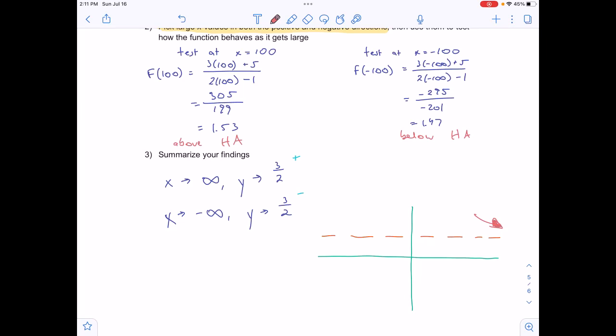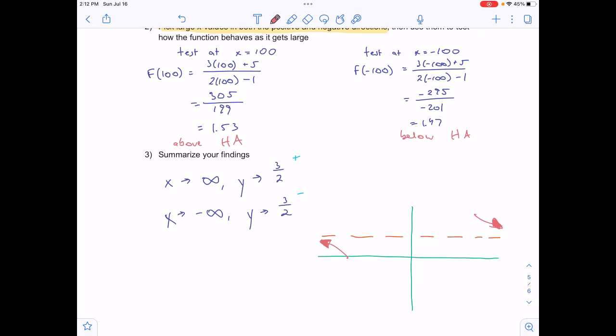So I'd have an arrow going that way. And on the left-hand side, I'm coming from below. So I would have an arrow this way. Okay? We would then combine this with our vertical asymptotes and the end behavior at the vertical asymptotes to get an idea of how our function is behaving as it approaches all of the different asymptotes.